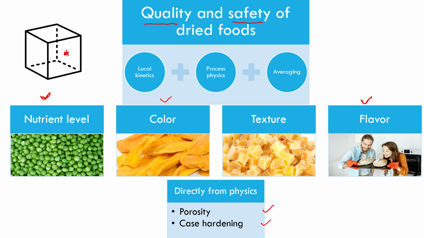So by combining the temperature at a location with the kinetics, which has to come separately from other measurements, and sometimes the moisture level, I get the quality at any location. And then we can average this over the entire food to get its quality.